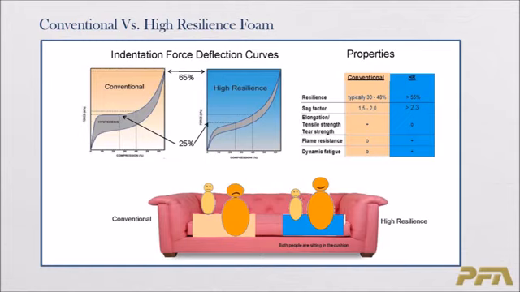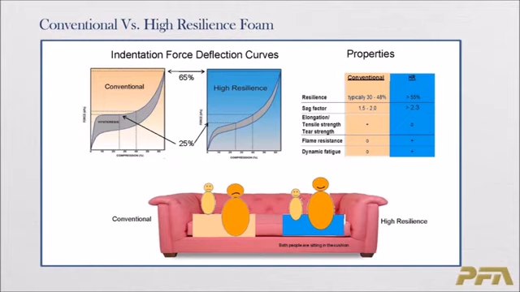These charts are plotting indentation force deflection versus compression: how much force it requires to compress the foam to a certain degree. In a conventional foam, you can see there's a very steep initial curve. That means it takes a lot of force to compress the foam a little bit.